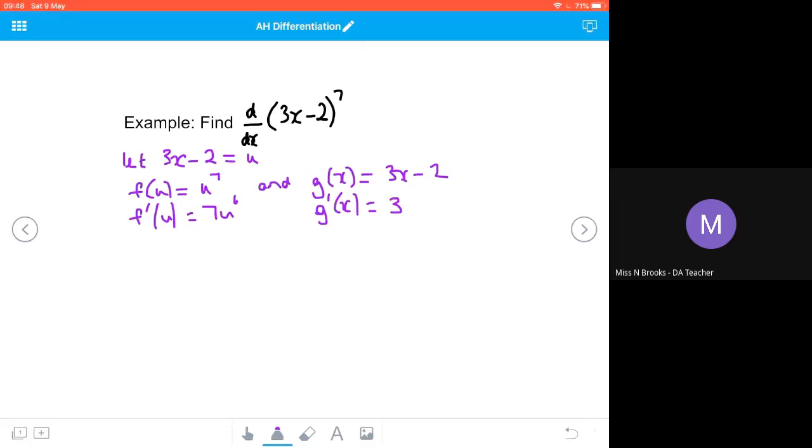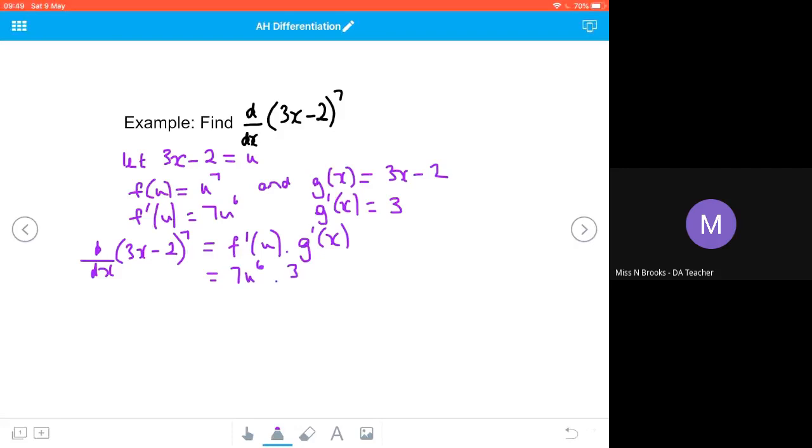So then we're going to work out the derivative with respect to x of our 3x minus 2 to the power of 7. And we know that that's going to be the derivative of f with respect to u multiplied by the derivative of g with respect to x. And that is our 7u to the power of 6 multiplied by 3.